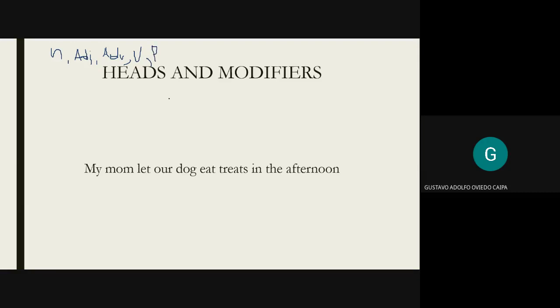These are the categories that are normally heads. Based on this, please tell me which elements of the sentence would be heads, from left to right.